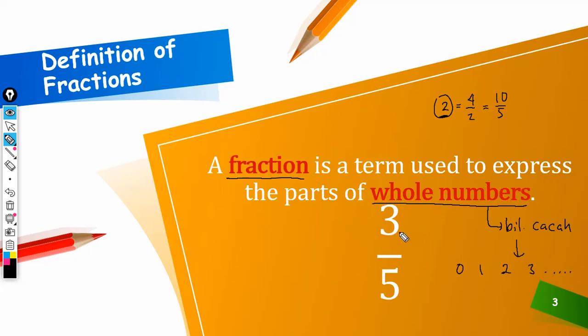Let's say, for example, 3 fifths, 3/5. In a fraction, 3 here is called numerator, and 5 is called denominator. Denominator and numerator.